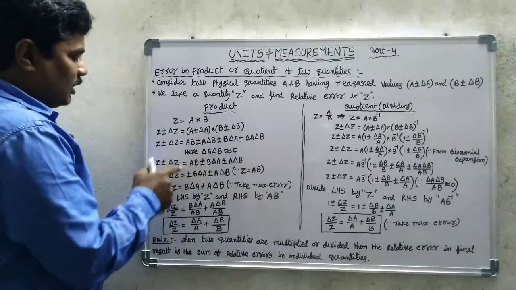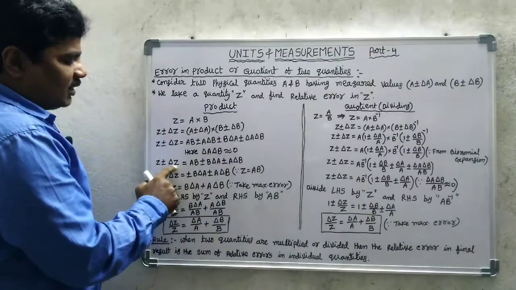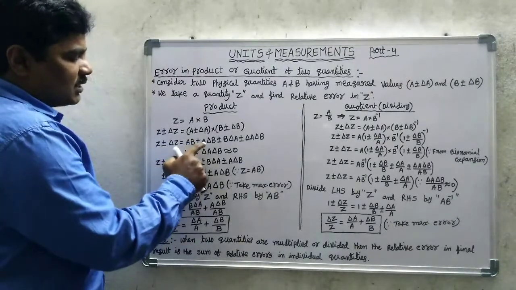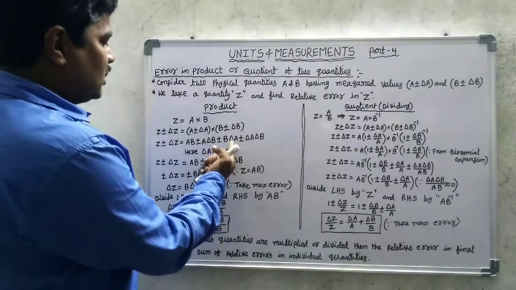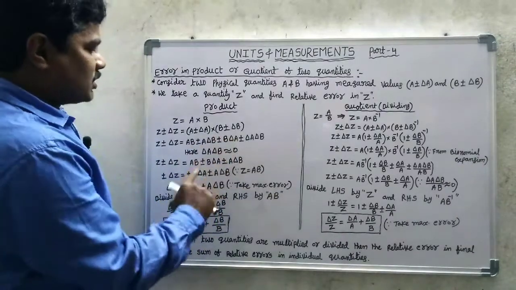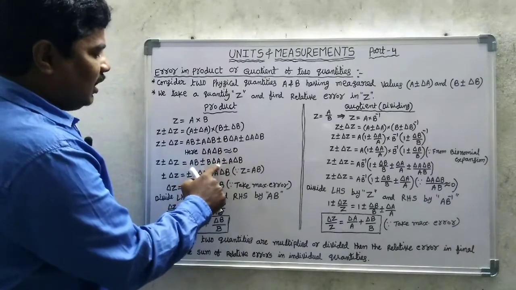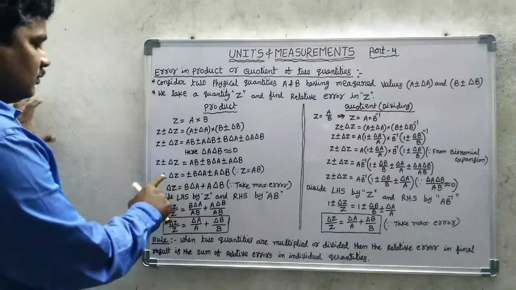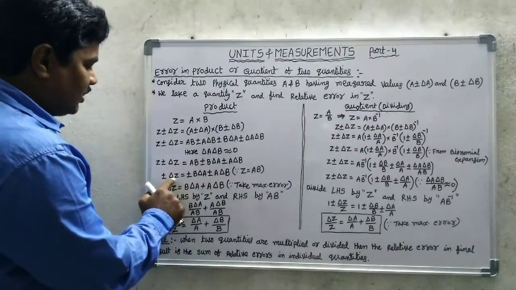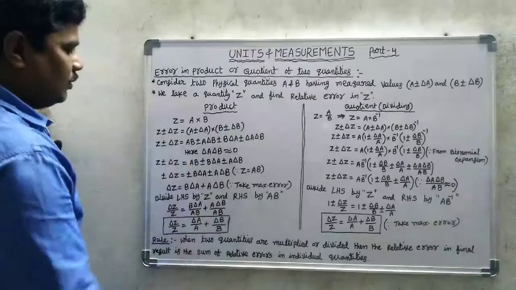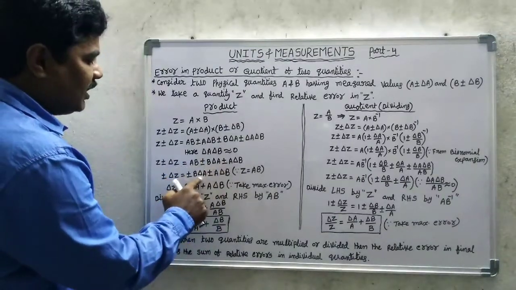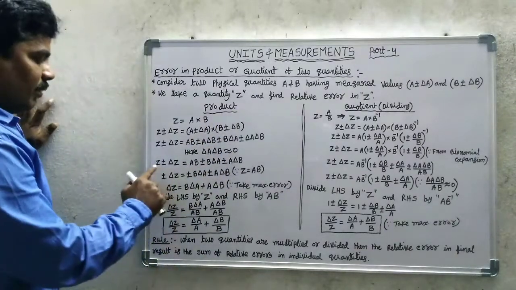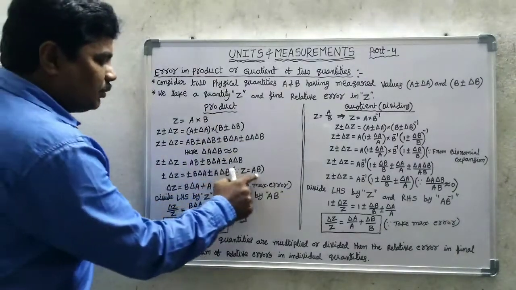So it becomes Z plus or minus delta Z is equal to AB plus or minus, for our convenience we interchange these two values, B delta A plus or minus A delta B. So here plus or minus delta Z is equal to plus or minus B delta A plus or minus A delta B, because here Z is equal to AB.